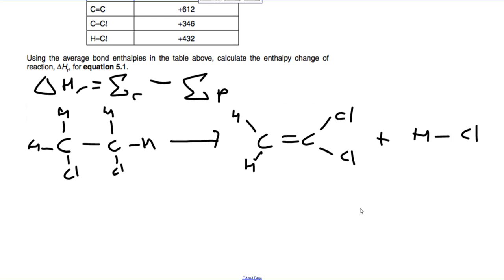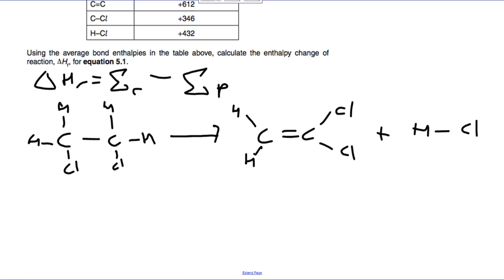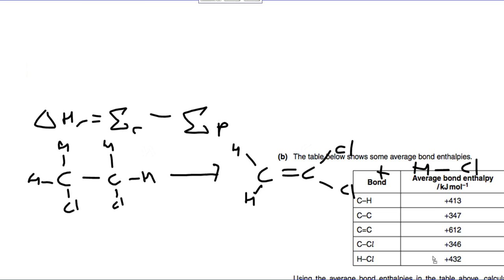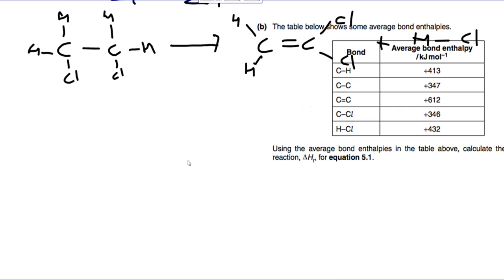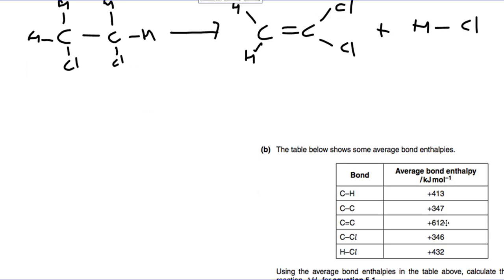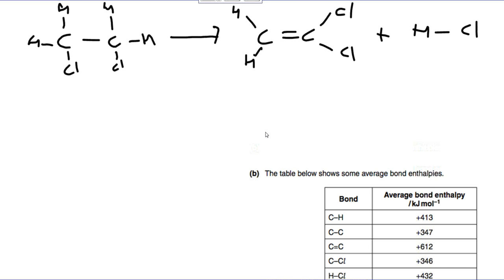The next thing I would do, I'm going to pull this down here to help me out, so I can see it. The next thing I would do is draw a line down the middle of the arrow right here. And then what we're going to do is write down how many of each bond we've got and what the total enthalpy from that is.